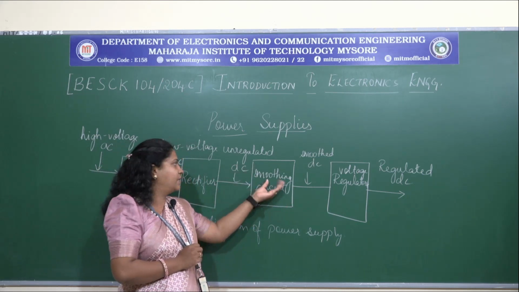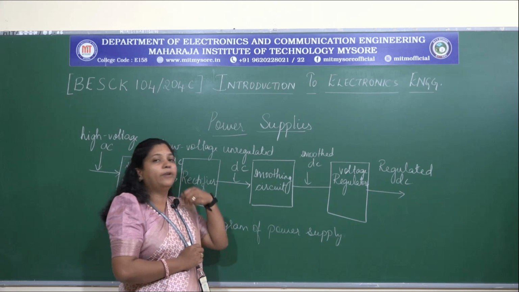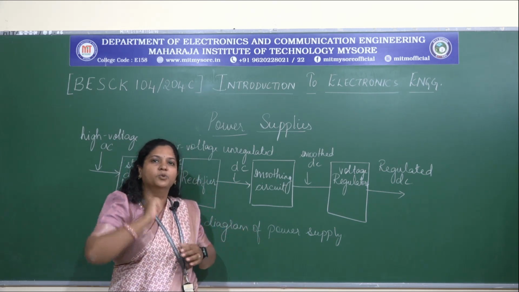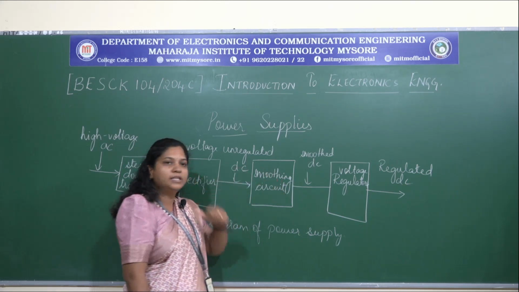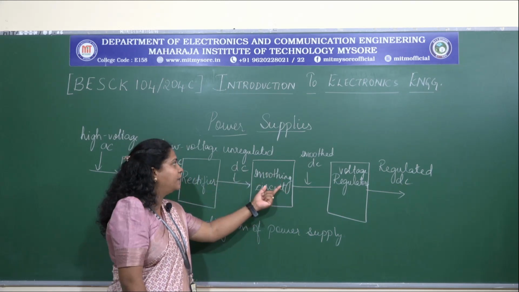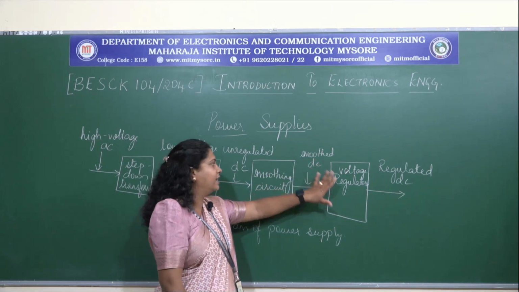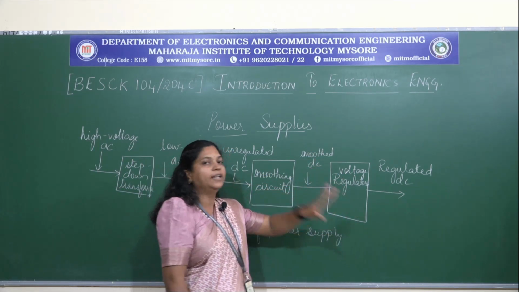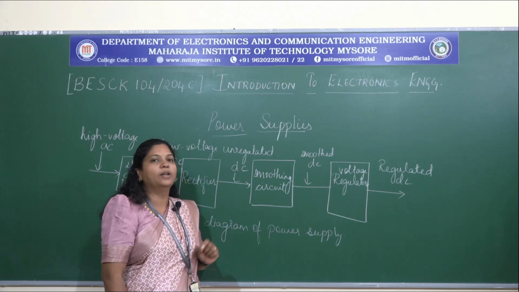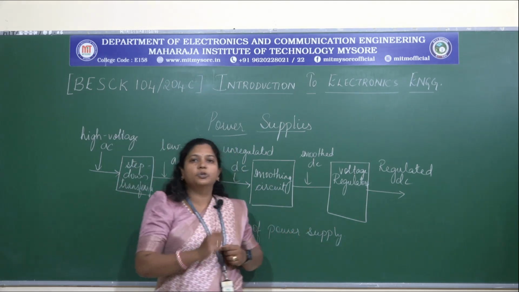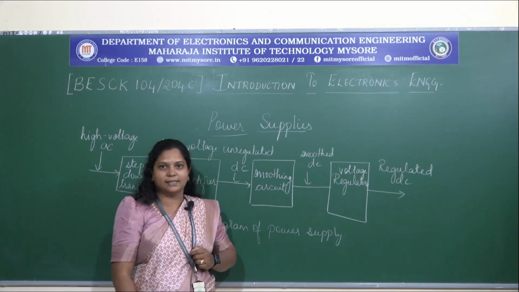Later we will discuss, when we are studying this, how we are going to make use of the various elements to smoothen up the waveform. So suitable smoothing circuits have to be used, and after the smoothened DC output is available, we require a regulated output, and that is done by making use of suitable voltage regulators.